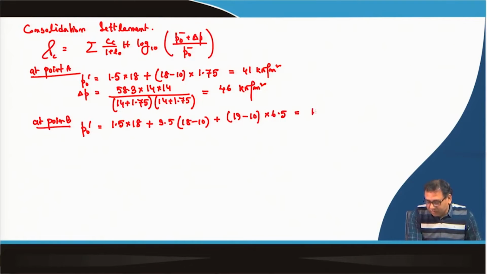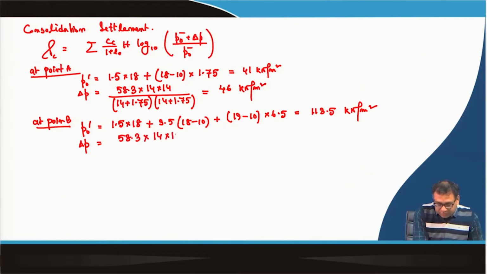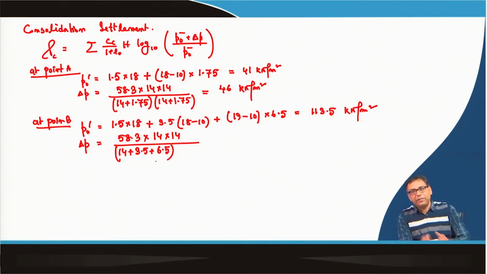So, this is 113.5 kilonewton per meter square, and del P is equal to 58.3 into 14 into 14 divided by 14 plus 3.5 plus 6.5 times 14 plus 3.5 plus 6.5, because 3.5 plus 6.5 is the distance of the point B from the base of the foundation.